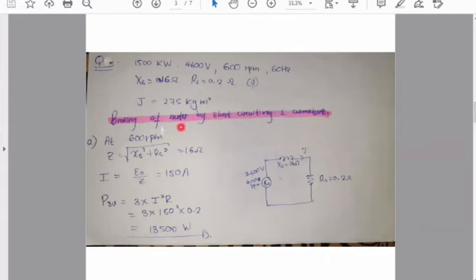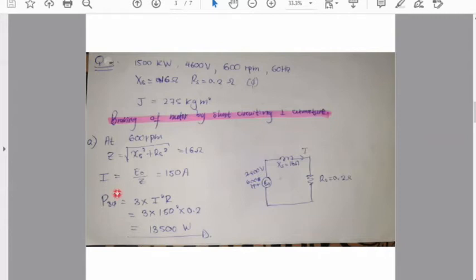So at 600 RPM, your Z, which is your impedance, is equal to the square root of XS squared plus RS squared, your synchronous reactance and your stator resistance. When you substitute the values given to you into the formula, you get the value of 16 ohms.